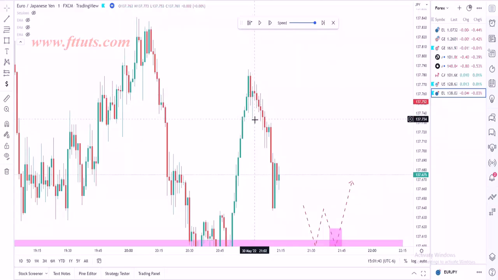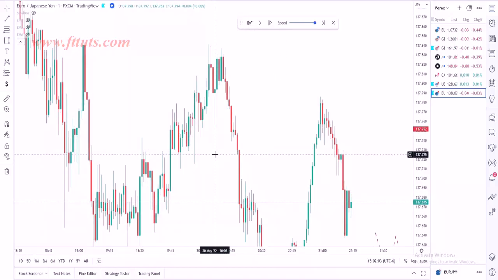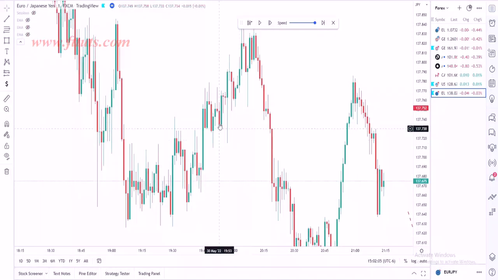This has a little, its wick is a little bit longer than I would like. So just keep in mind, it's not that you can't use this as the doji. Just keep in mind, if you're looking for those more conservative picture perfect trades, this is probably not going to be ideal. You're looking for a little bit less wick on it, maybe to here. This is fine. This is fine.